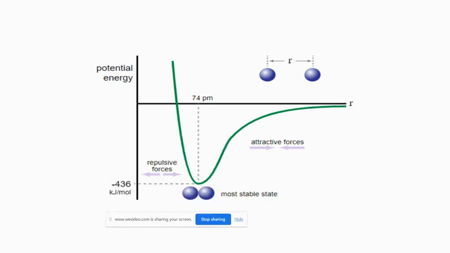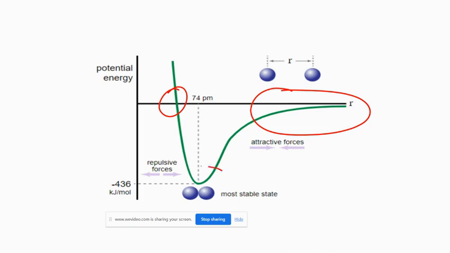Okay. So out here, remember Coulomb's law, we have a force of attraction or repulsion, and we have distance. If the distance is too great, you're not going to have that attraction happen and form a molecule. If that distance is too close, then the nuclei are going to get too close to each other and it's going to push them apart.